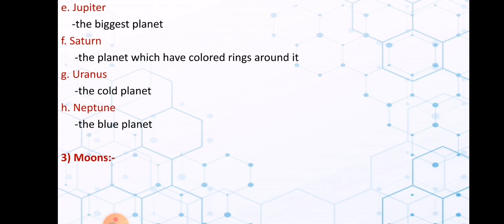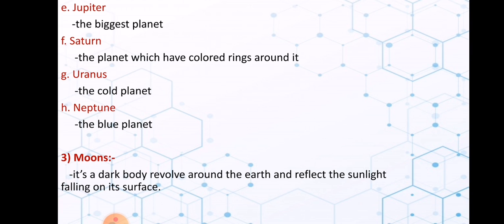Let's move to the moons. Moons are dark bodies that revolve around the earth and reflect the sunlight falling on their surface. Not only the earth, because the earth is not the only planet which has moons.